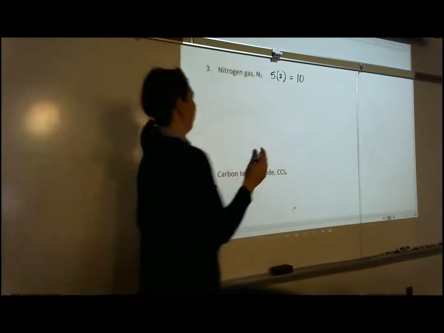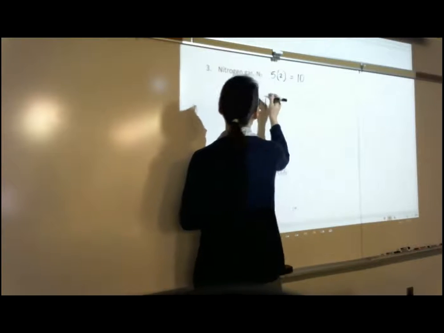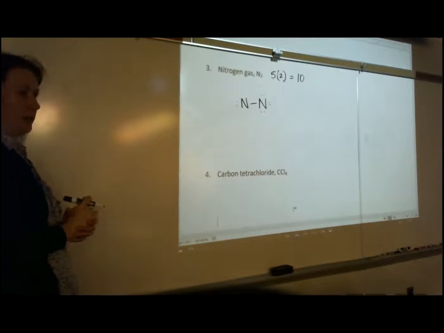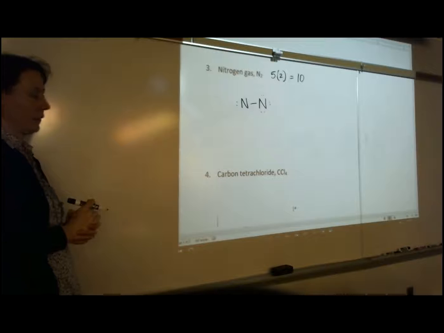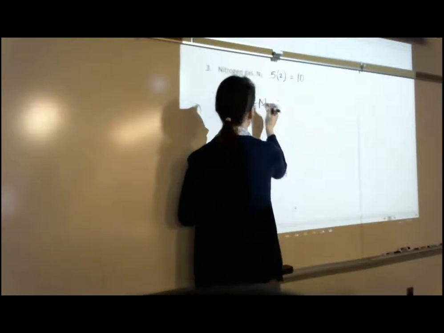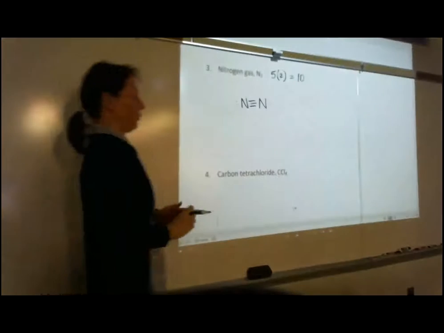No, because it's just 2 atoms, right? So N, single bond, N, 2, 4, 6, 8, 10. All right, what happens here to give octets? You're going to form what? Triple bonds as well, right? And that's our final answer.